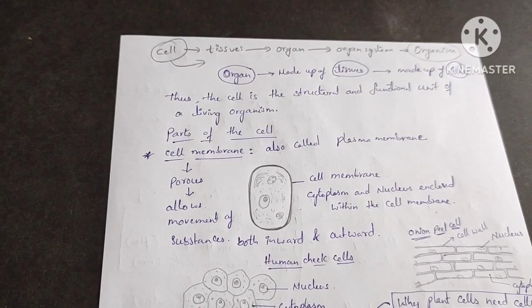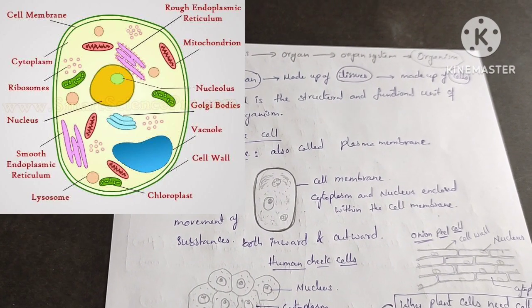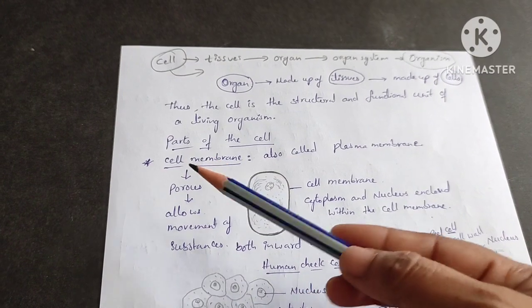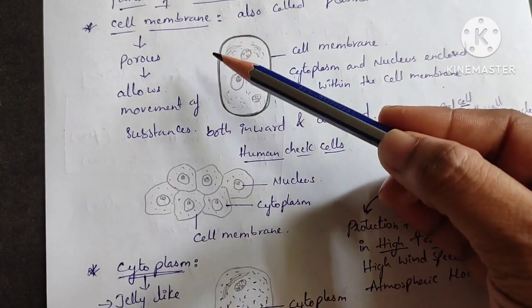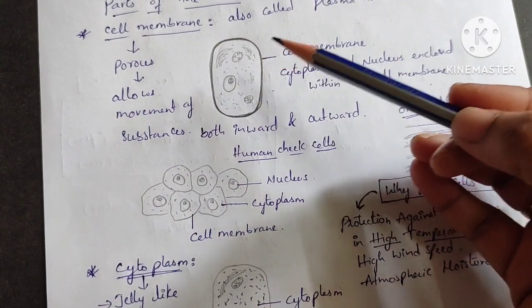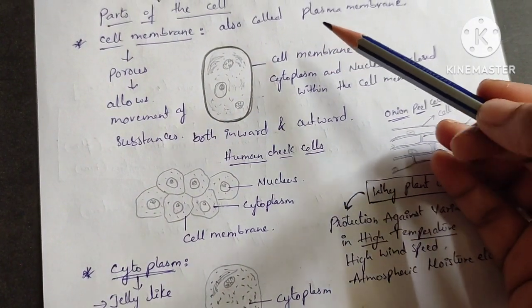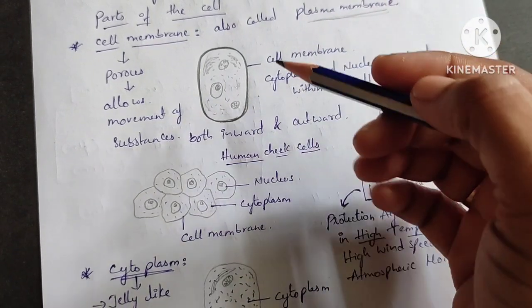Now let us see the parts of the cell. We have already learned about the cell membrane. The cell membrane is the outermost layer which gives shape to the cell. The cell membrane is also called the plasma membrane.